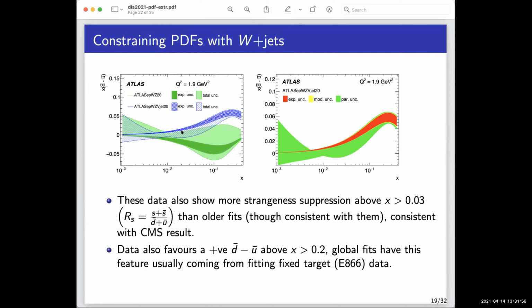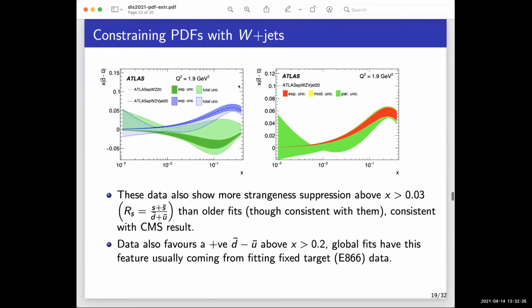There's now a tendency for our PDF to favor a positive value of D bar minus U bar above X of, well, 0.1, 0.2 is clear there. And this is a feature that global fits also tend to show, and this historically has come from fitting fixed target data, so it's interesting to see this as a non-fixed target set of data that favors this kind of behavior.